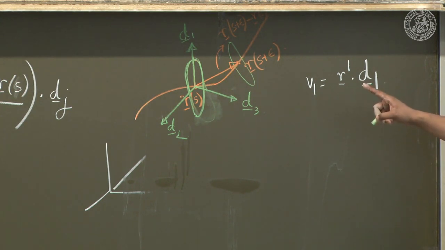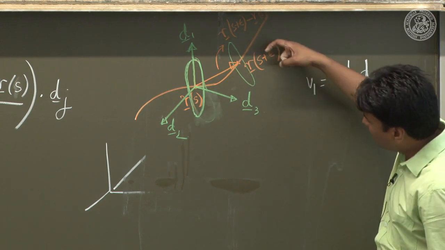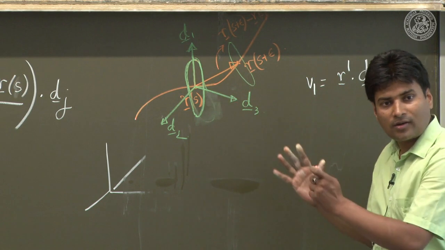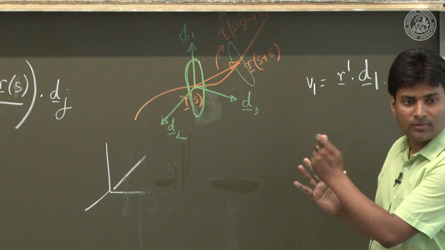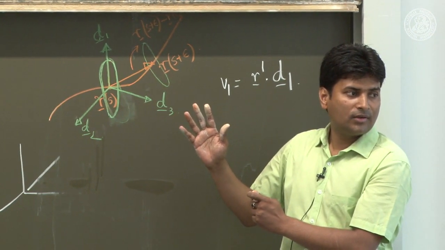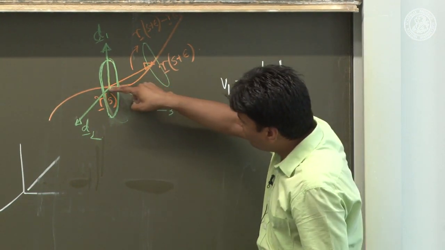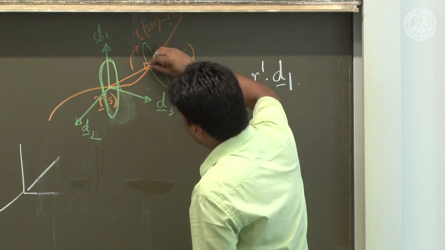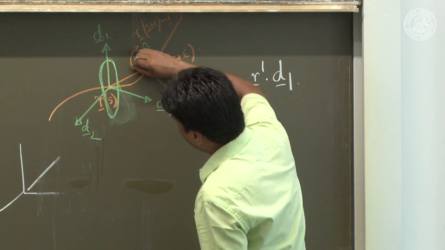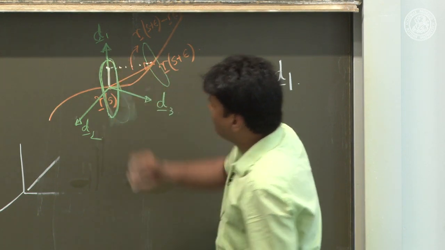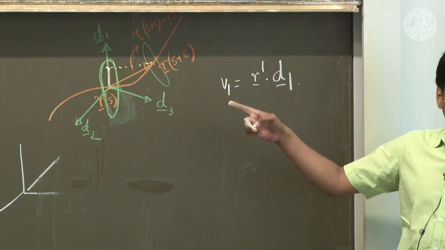And then you take the limit. So think of what would happen as epsilon tends to 0. For every epsilon, you are taking the projection along D1. First of all, just think of what the projection is equal to. So you take the projection, and this is that projection, right?